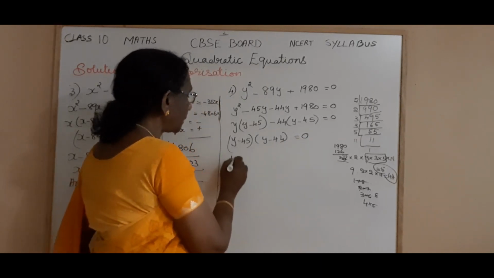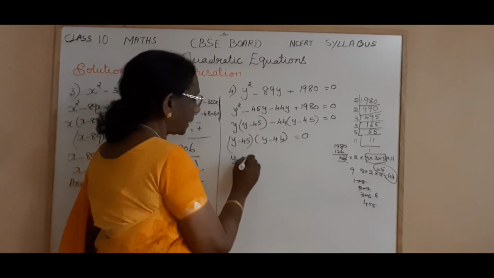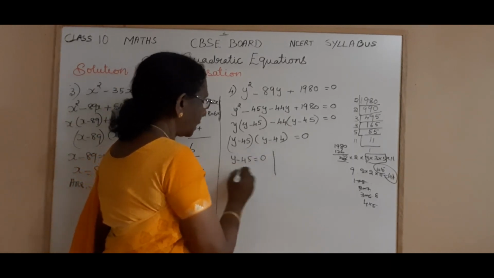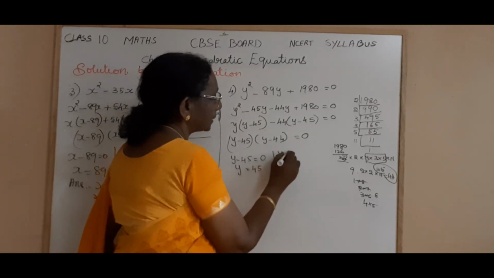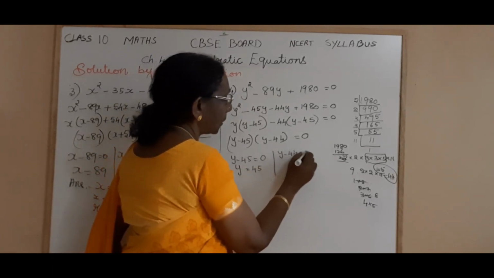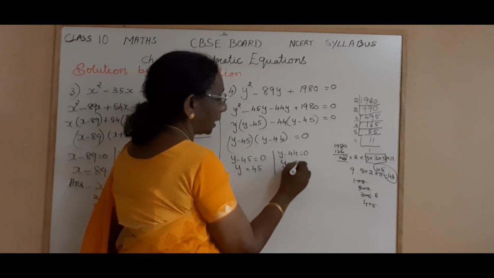So now as usual, y minus 45 equal to 0 means y is equal to 45. And y minus 44 equal to 0 means y is equal to 44.